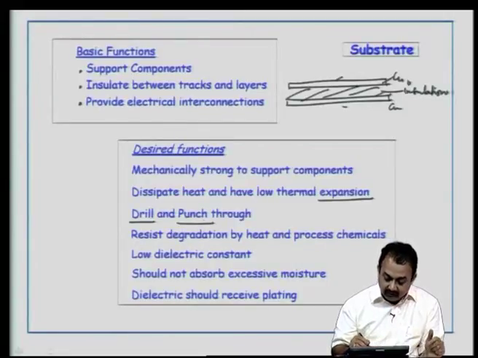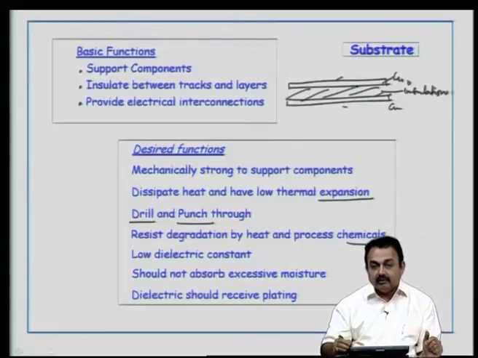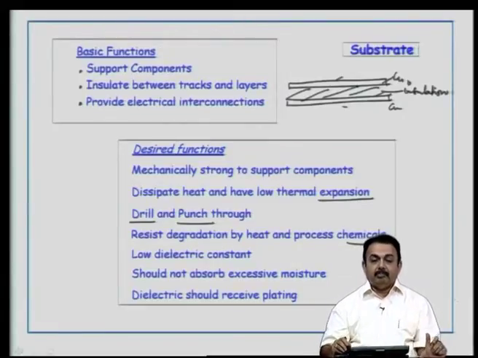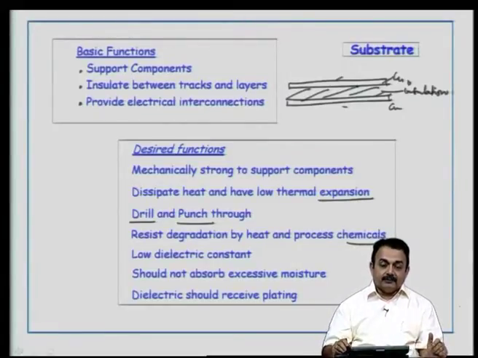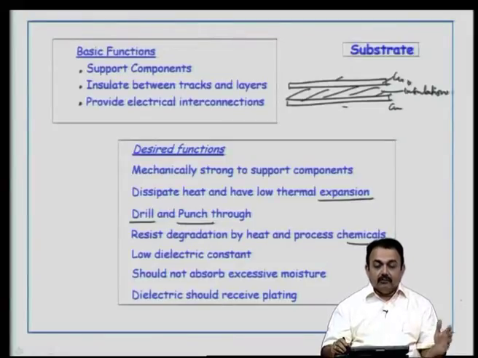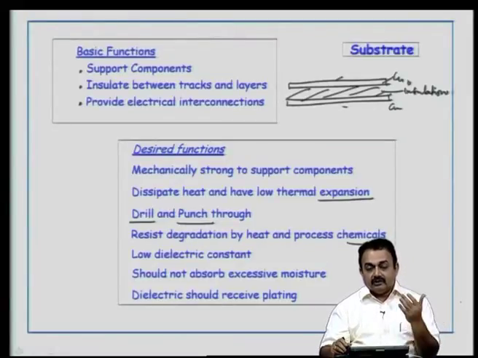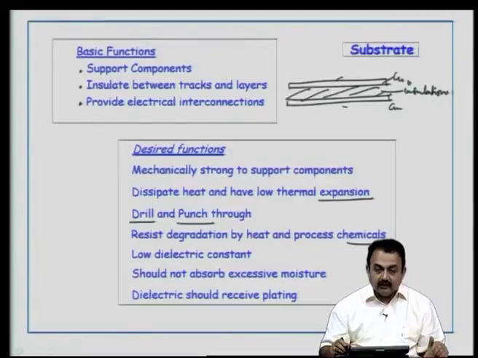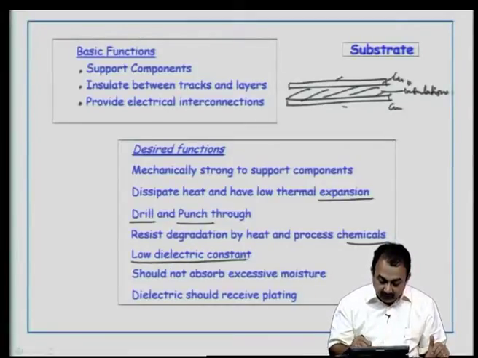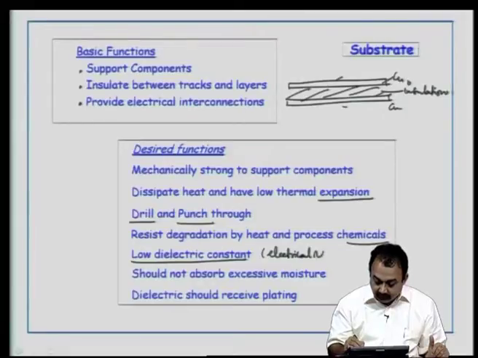Resist degradation by heat and process chemicals, because as you will see, in the process steps for making multi-layer boards, the board goes through various chemicals and therefore, it has to withstand all of these chemicals. It should have low dielectric constant, a very important electrical requirement.